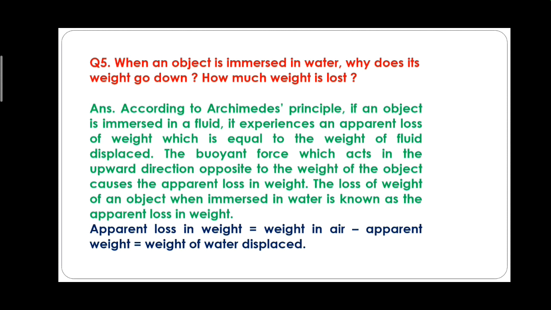The buoyancy force which acts in the upward direction, opposite to the weight of the object, causes the apparent loss in weight. The loss of weight of an object when immersed in water is known as apparent loss in weight. Apparent loss in weight is equal to weight in air minus apparent weight, which is equal to weight of water displaced.